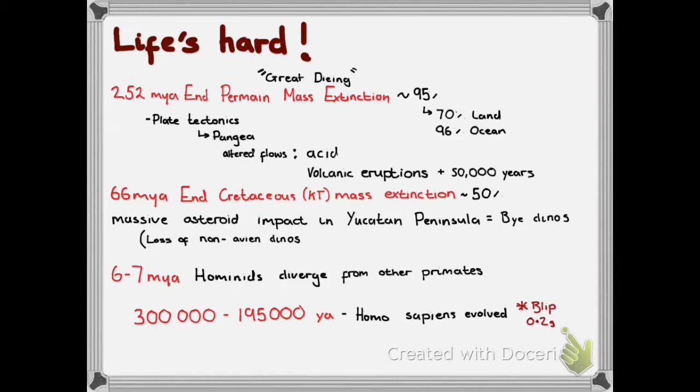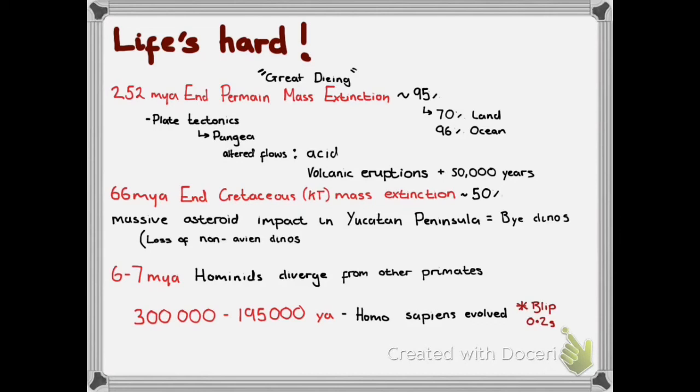So the first one, around 252 million years ago, was the end Permian mass extinction, which also has the very positive name of the Great Dying, which was when around 95% of all living things on the planet were murdered. Well, not murdered, killed. But they weren't stabbed to death. There was obviously an event that happened that killed them. Anyway, around 70% of all land organisms and 96% of all ocean life were no longer with us.